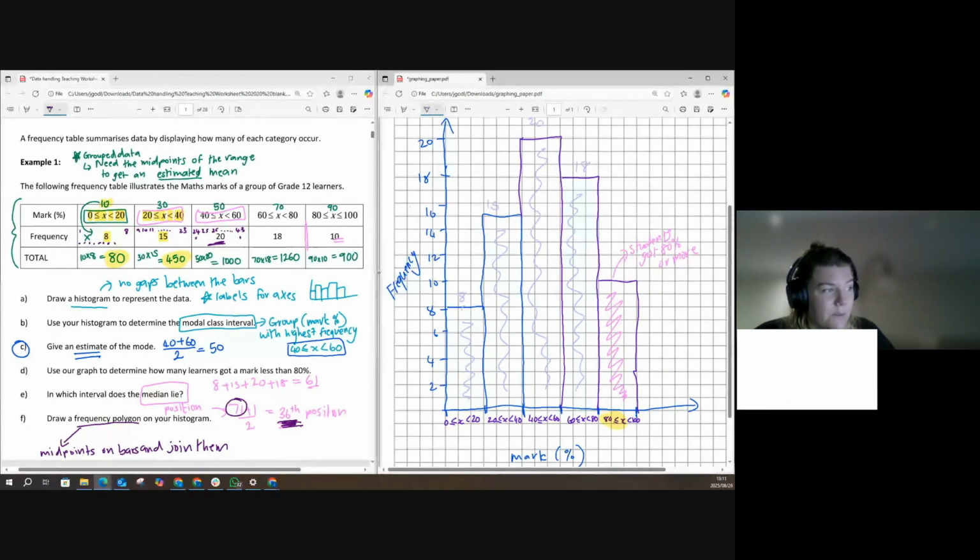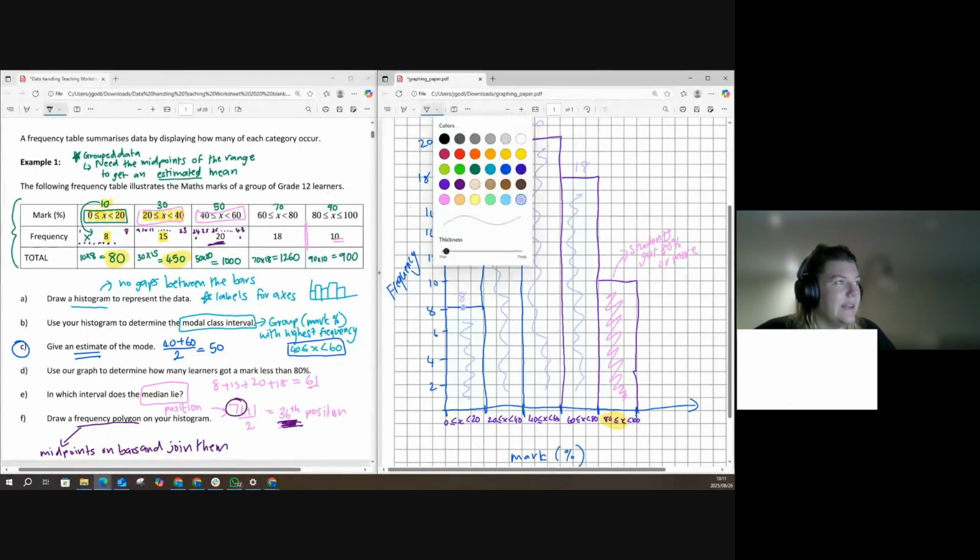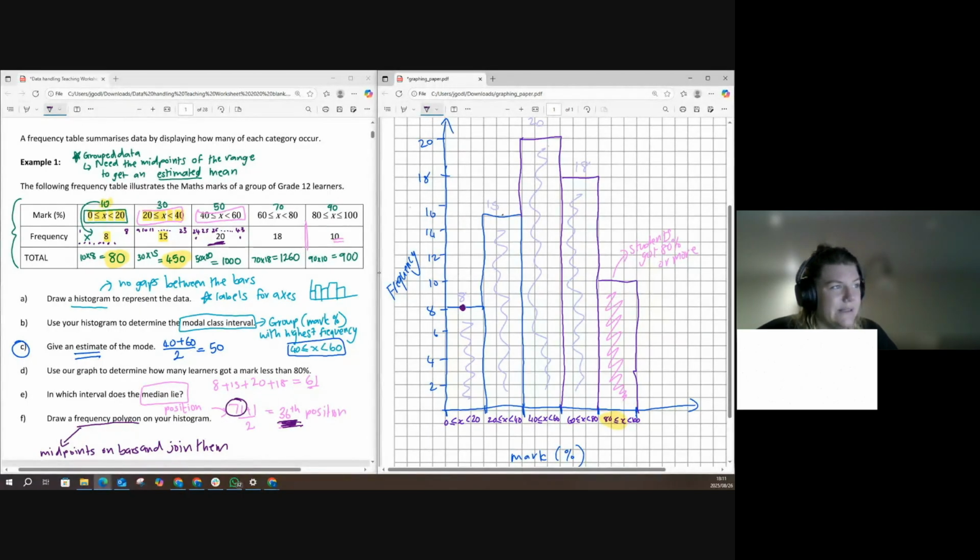So, for example, let me do it in a different color, a little darker color. So that's a midpoint, that's a midpoint, that's a midpoint, that's a midpoint, and that's a midpoint. And all we have to do is join our midpoints. And that is your frequency polygon.